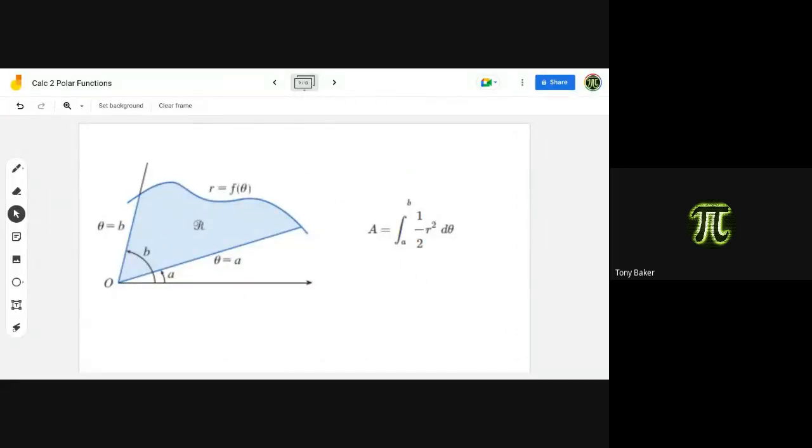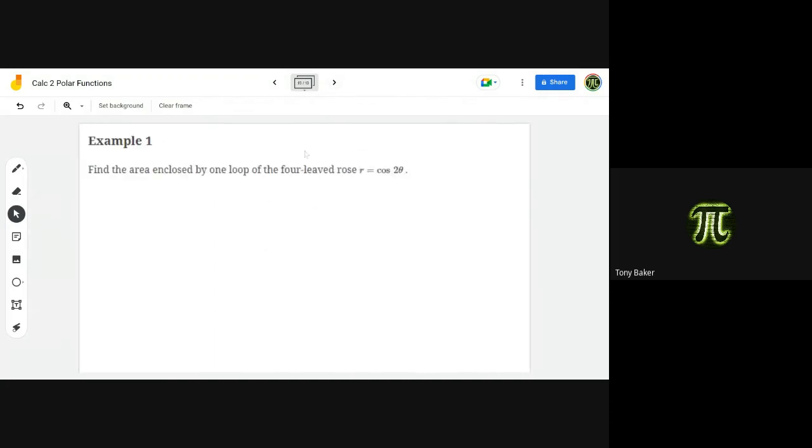All right, so that's our formula for area. Let's find the area of one leaf. We've got r is cosine of 2 theta. We just figured out the interval for this one: 0 to pi over 4, because that gives me the top half of that leaf.